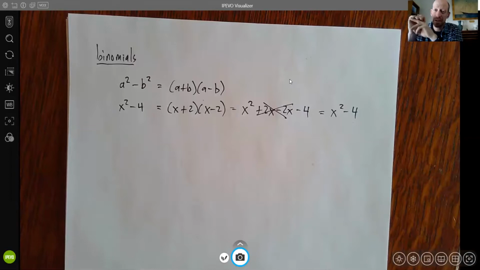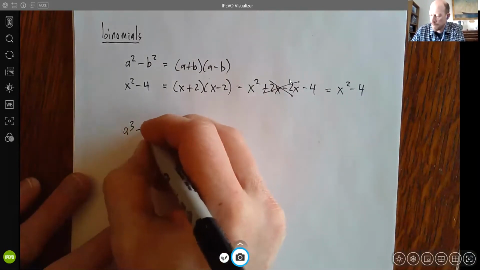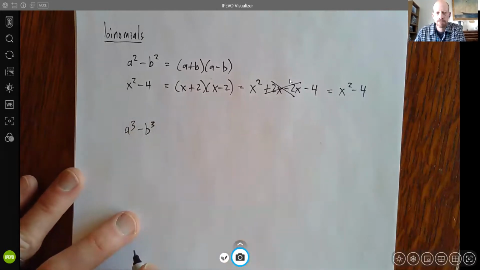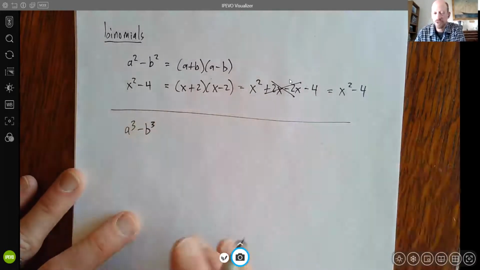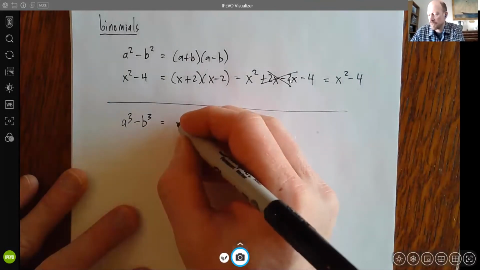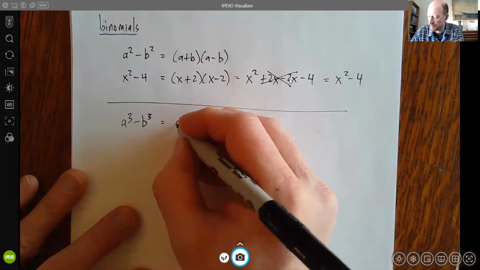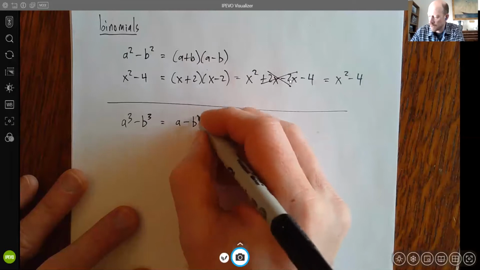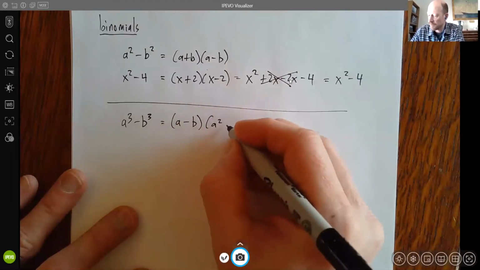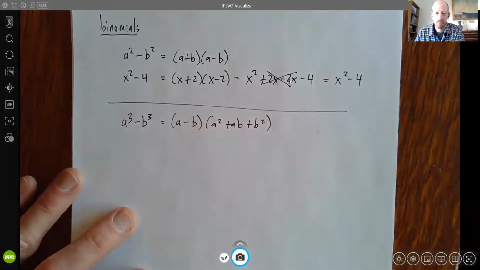But there are other ways that binomials factor too, and you may or may not have seen these other strategies. So the difference of cubes, and this would be a good formula to write down on your note sheet for the final. It's a little hard to remember. A minus b times a squared plus ab plus b squared.